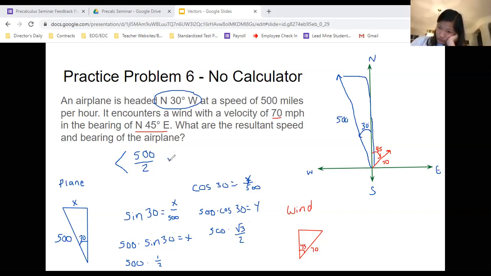So my vector components for my plane are given there. Now keep in mind that we are in the second quadrant here, so my x component should be negative.